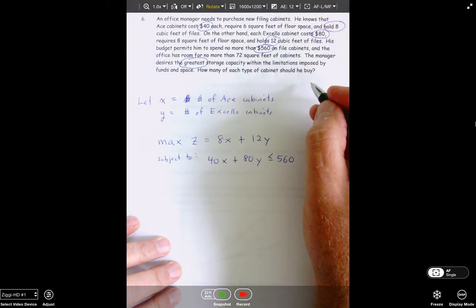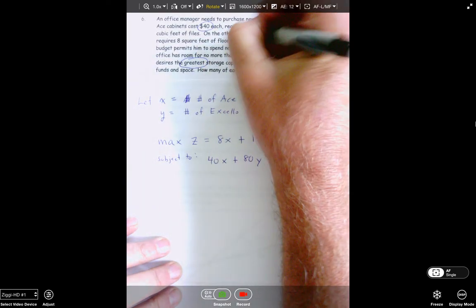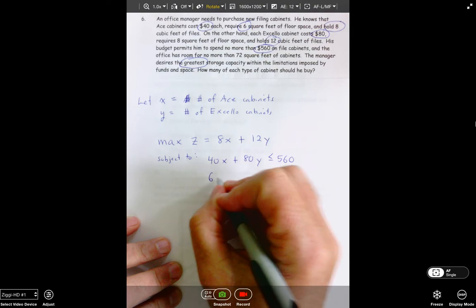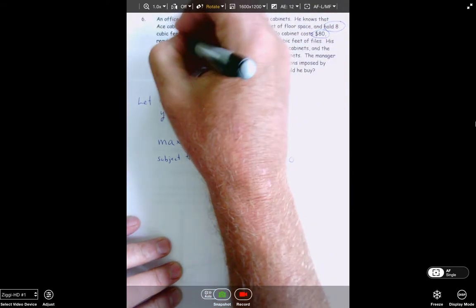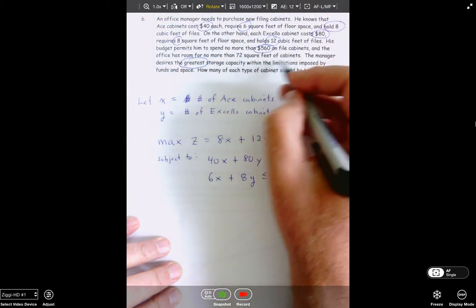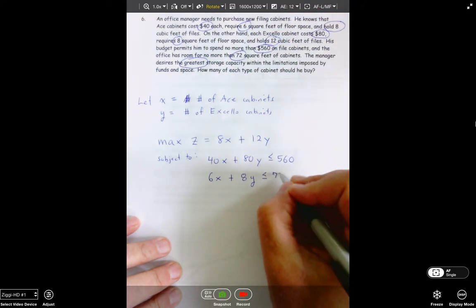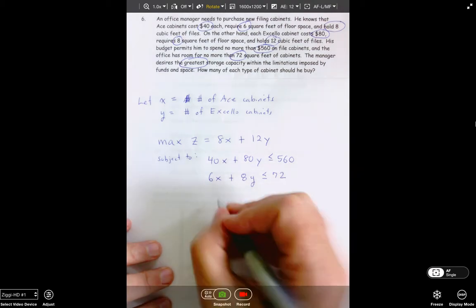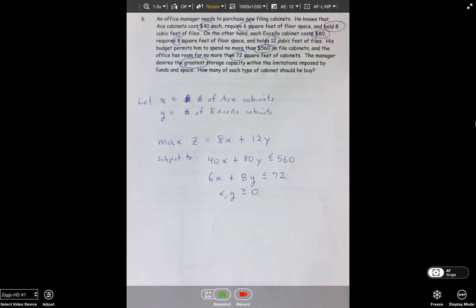I know that the ace requires 6 square feet, and I know the Excello requires 8 square feet, but I don't have room for any more than 72 square feet. Since X and Y are the amount of cabinets that I buy, I know that both have to be positive, so X and Y have to be greater than or equal to 0.